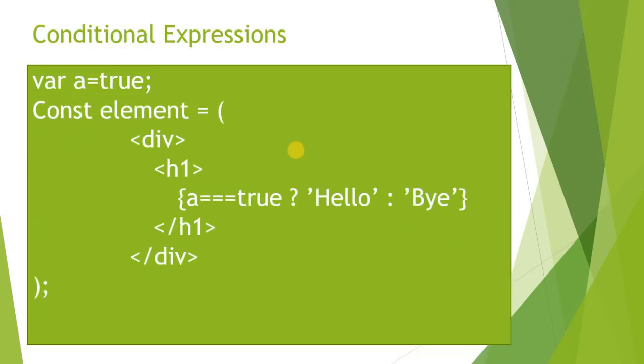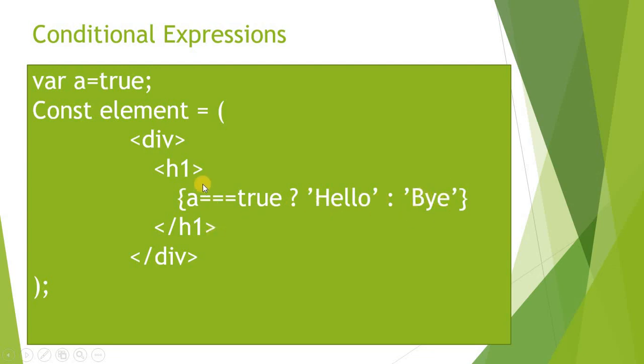You can also define a conditional expression in a React application. Using the var keyword, I have defined a variable and initialized it with the true value, and in the h1 element I simply check if the value of a is true, then it will print hello, otherwise it will print bye.